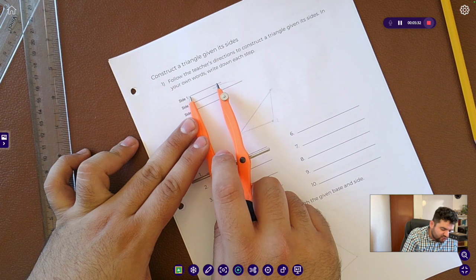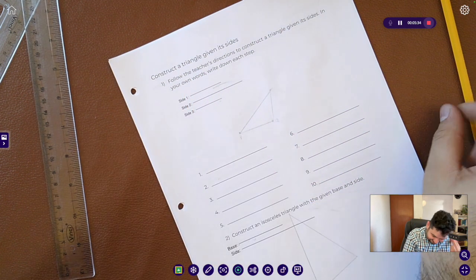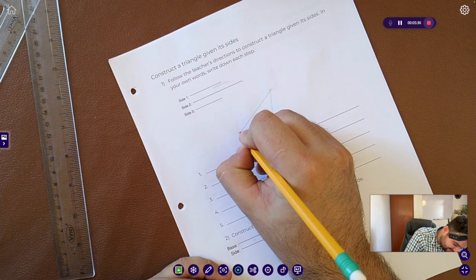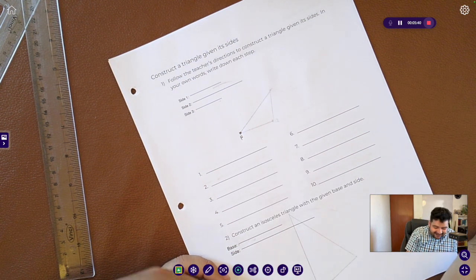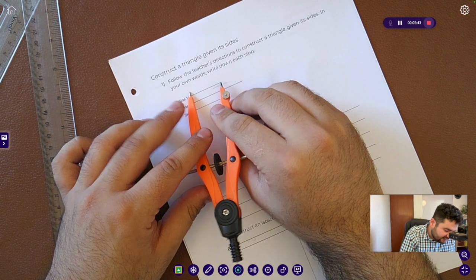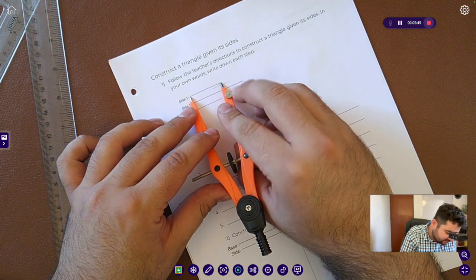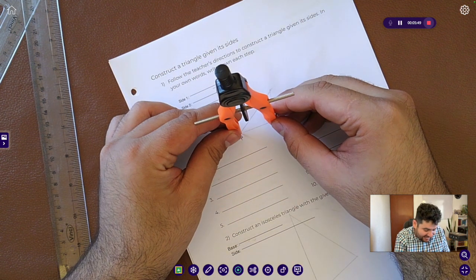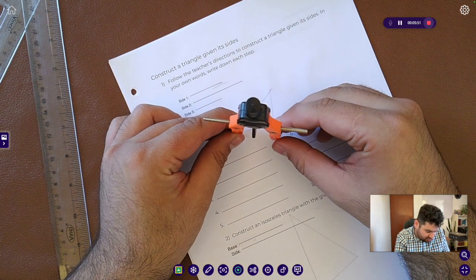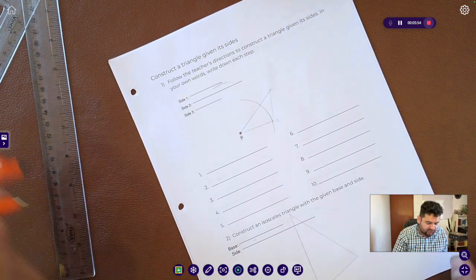So you do the following. First, you draw a point, P. Then you measure the length of the first side with your compass, and standing in P, you draw an arc.